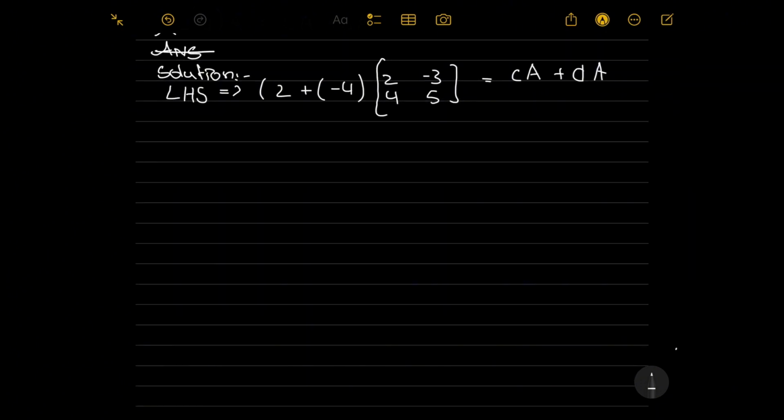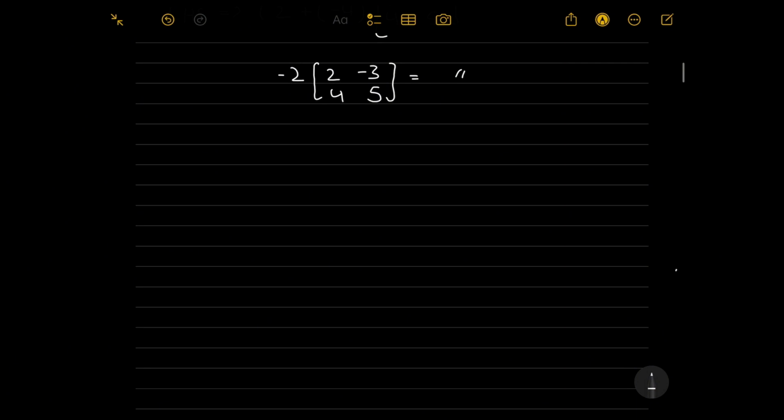So let's solve the left hand side first. 2 minus 4 is -2. Then the matrix 2, -3, 4, and 5. Simply multiply it with the values inside.